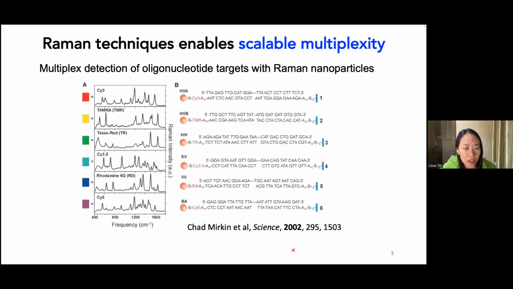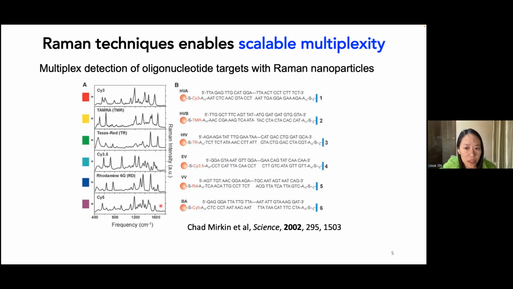The potential of Raman imaging for multiplex detection is actually not new for the field. For instance, back in 2002, the Mirkin group coupled Raman spectroscopy with nanoparticles functionalized with oligonucleotides as well as Raman-active dyes to perform multiplex detection of oligonucleotide targets. However, existing Raman reporters just rely on commercial fluorescent dyes.